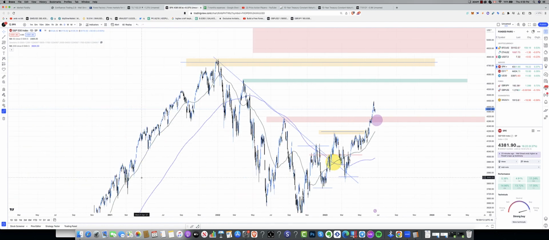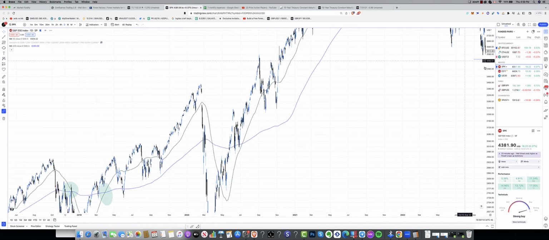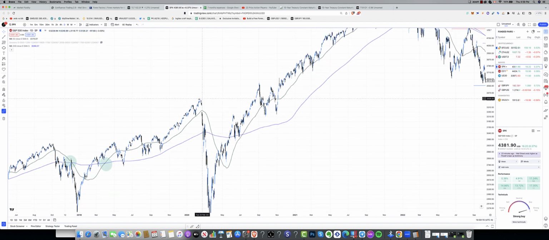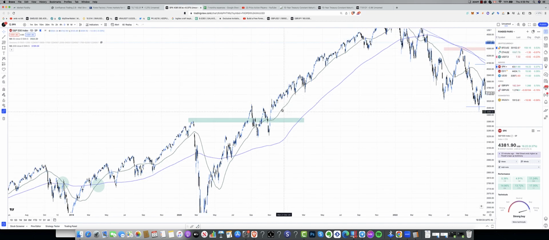Just like the last bull run, right? We had this area right here in 2020, pullback, and then we had the price come above, but once it sustained itself above in November of 2020, we had a melt up in all asset classes, right?